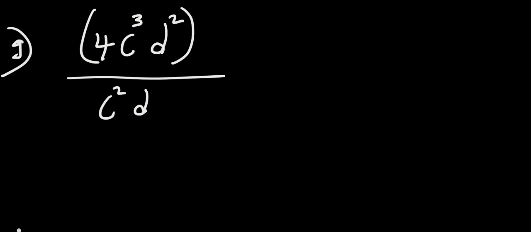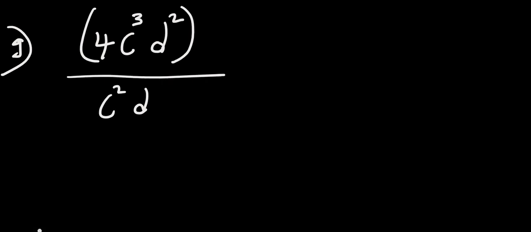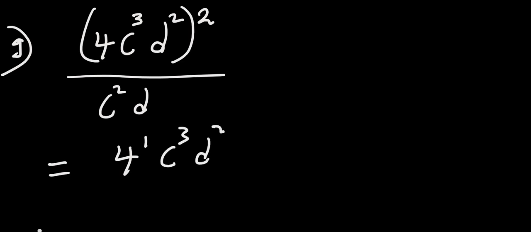All right, question G, we have 4c cubed d squared, in parentheses, squared, over c squared d. I think we have a square here. Okay, good. So you can rewrite this as 4 exponent 1 c exponent 3 d squared over c exponent 2 d exponent 1.